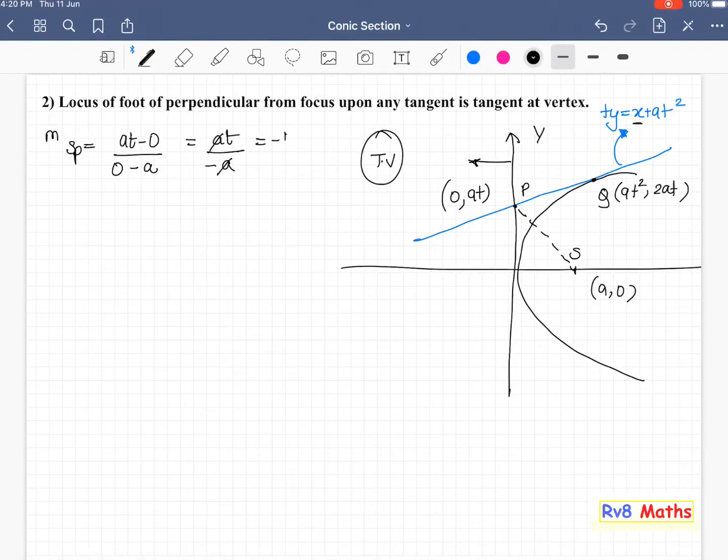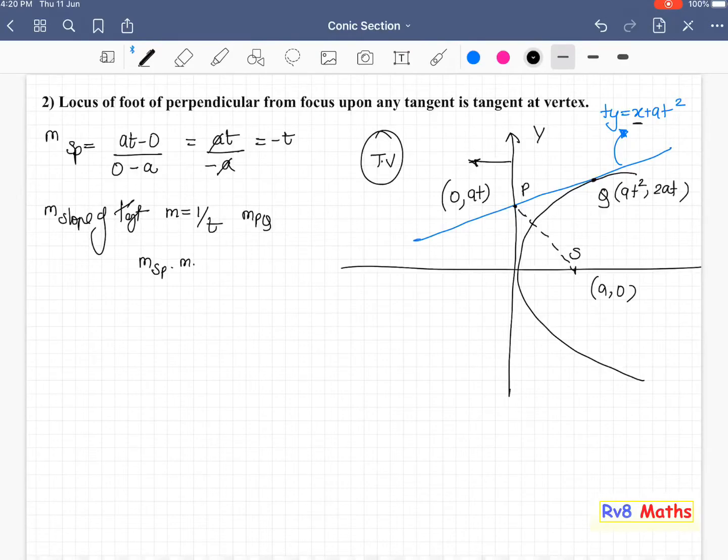So a and a cancel, you will get minus t, right? And we already know the slope of the tangent, m is equal to 1 upon t, that is the slope of PQ.